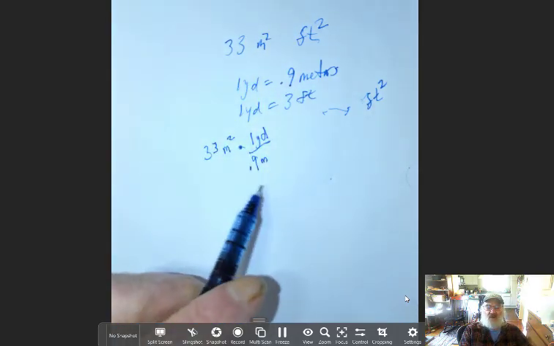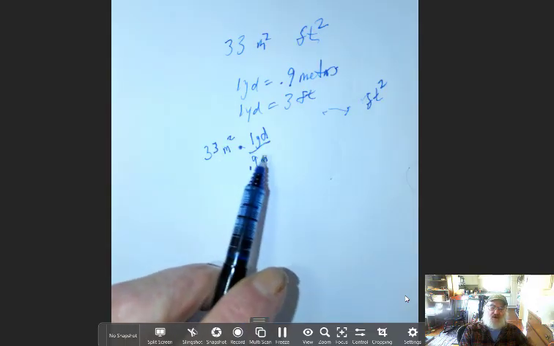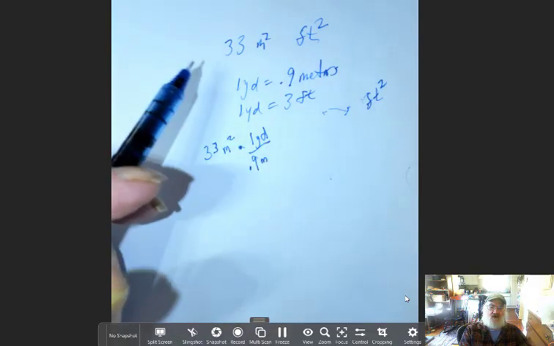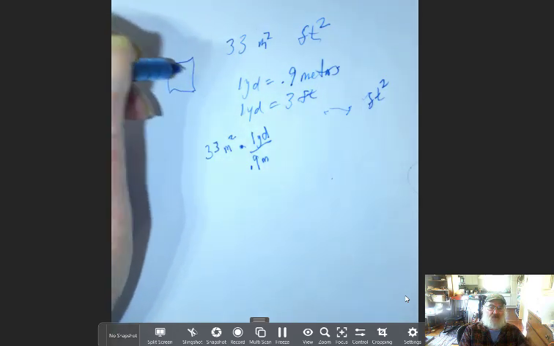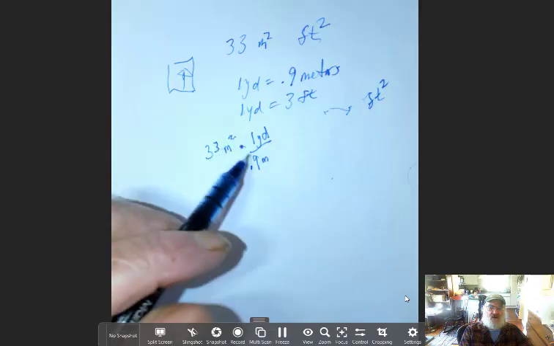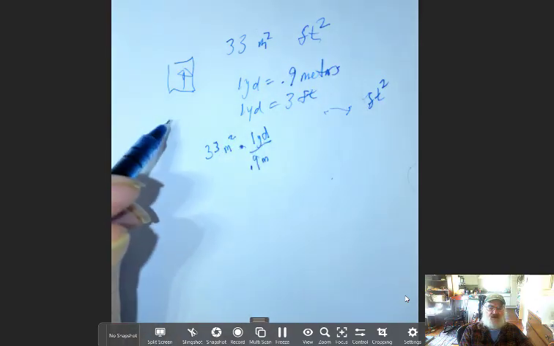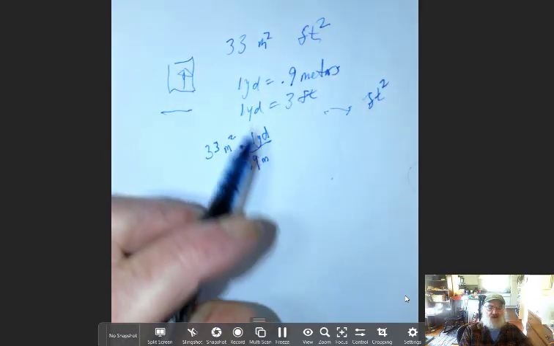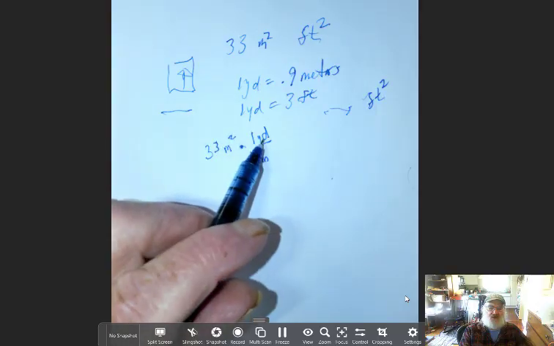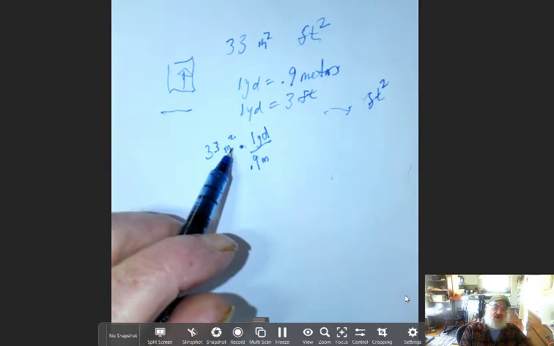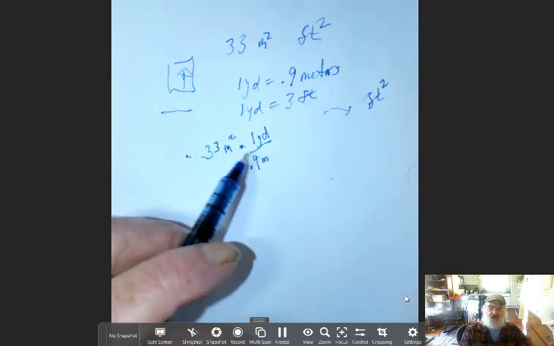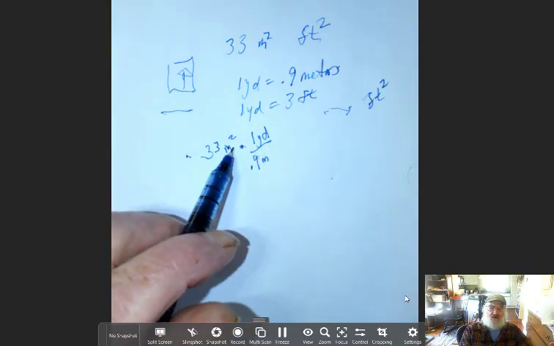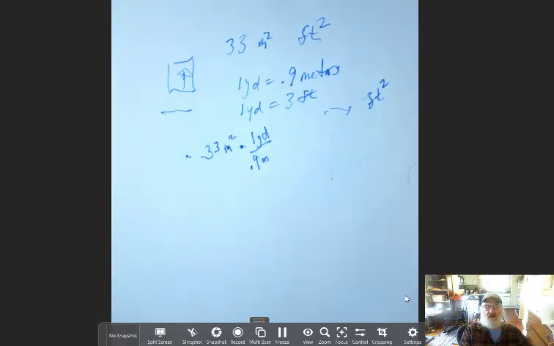Now the problem is that meter squared, this is area, right? Area like this, like a box is area, where this is just length. So there is a relationship between length, square, and volume, right? So the first power to the second power to the third power.